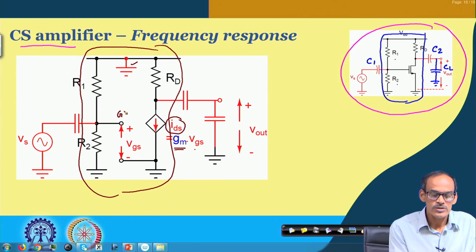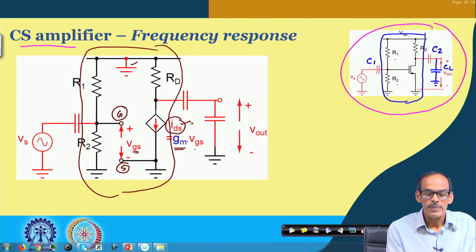VGS is the voltage appearing across gate to source of the transistor. Based on this VGS, we are getting this current, and that current flows through this RD, and then of course, we are getting a voltage here.